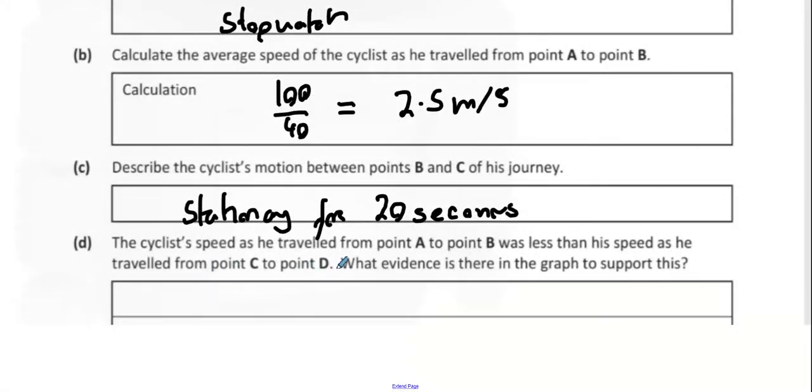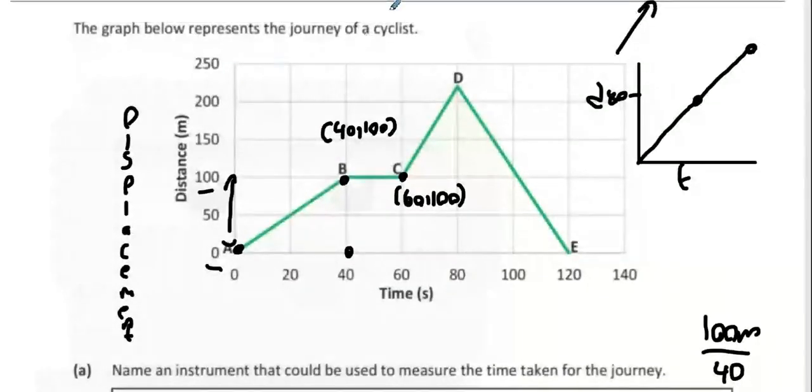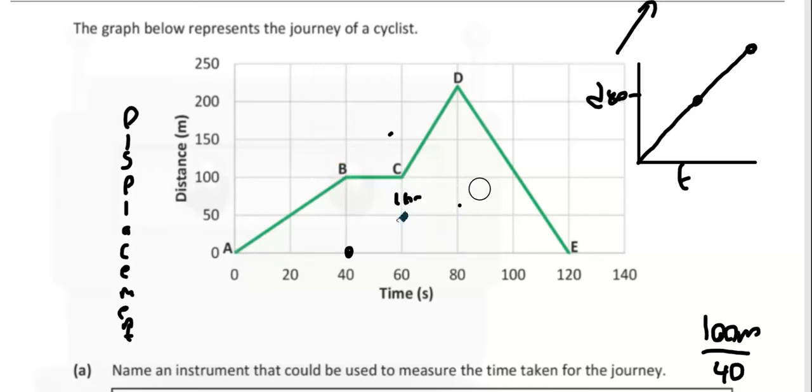The cyclist's speed as he travels from point A to point B was less than the speed from point C to D. What evidence in the graph supports this? Well, it's known as the slope in a distance or displacement time graph. The slope is how fast you're moving. So see A to B here, and see C to D here.